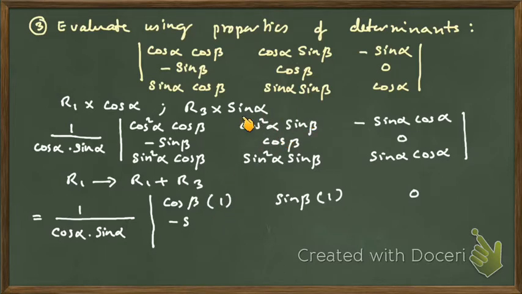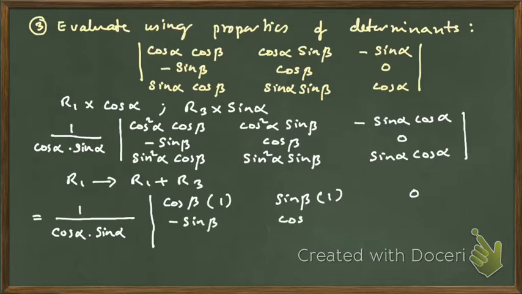And when you look at the next element, cos square alpha sine beta plus sine square alpha sine beta. What is common? Sine beta is common. So you get sine beta into cos square alpha plus sine square alpha, which again becomes 1. So sine beta into 1. And this is minus sine alpha cos alpha plus sine alpha cos alpha makes it 0.